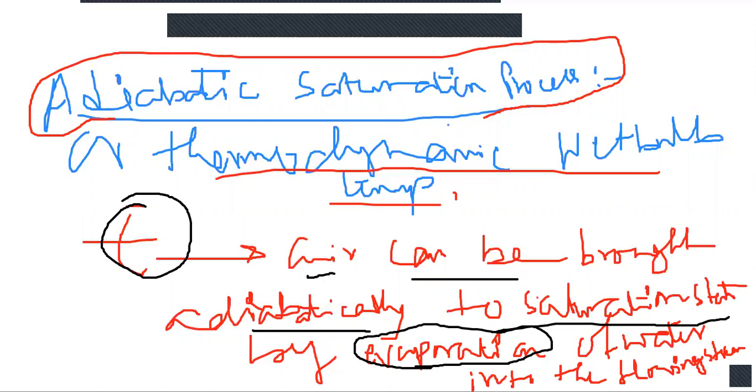Okay, first of all we draw our diagram. Suppose this is our long chamber. The name is adiabatically saturated.